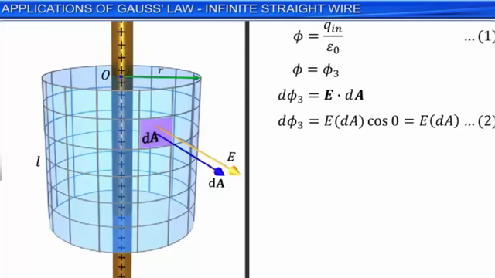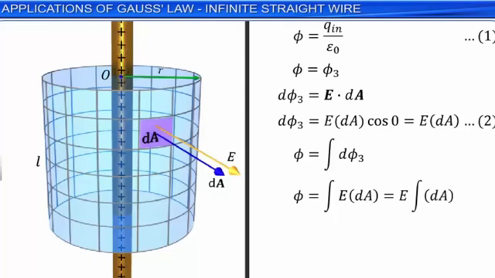Since all points on the Gaussian surface 3 are equidistant from the charged wire, the magnitude of electric field strength E for any point on the Gaussian surface is a constant. Therefore, we can write phi is equal to E into integral dA. We know that integral dA is equal to A, which is the area of the Gaussian surface considered.